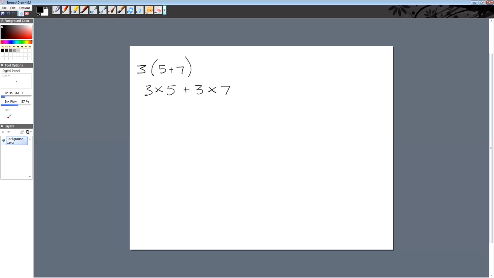This is especially useful when we get into algebra because sometimes you may have a letter A and you have to use this distributive property across these, and you might get 5 times A plus AB, for instance. It's especially useful in that avenue.